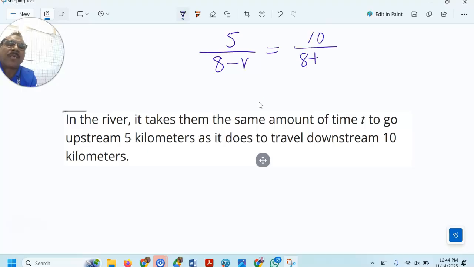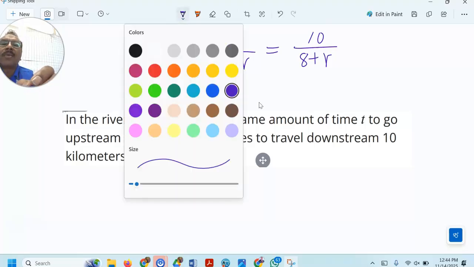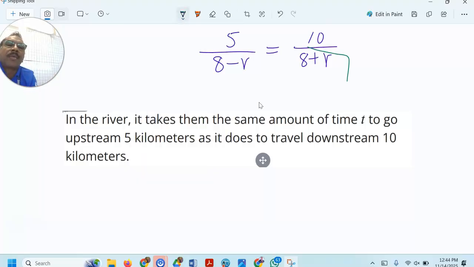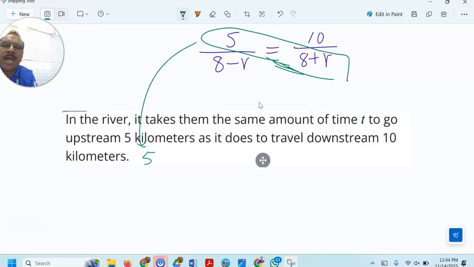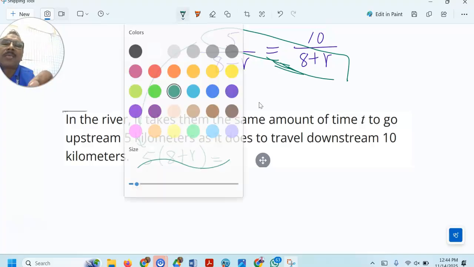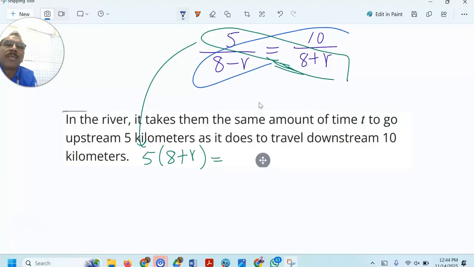So what was it? 5 divided by 8 minus r, and the other one was 10 divided by 8 plus r. And now you use the cross product. So the warm-up helped us so that we can use the warm-up right here. So it is 5 times 8 plus r, the green one, and then equals, I'll use the red color for this piece. So you are cross multiplying, in other words multiplying 10 times 8 minus r.